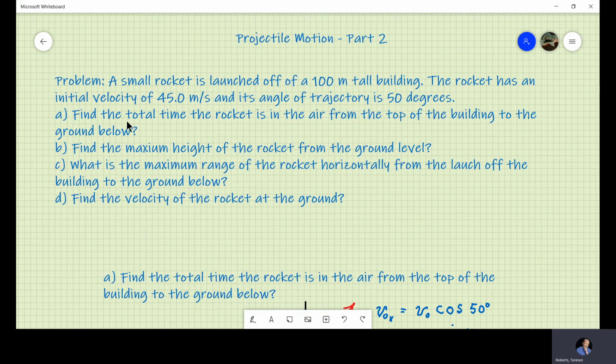Then it wants us to find the total time the rocket is in the air, the maximum height of the rocket from the ground, the maximum range, that'd be from the building to where it hits the ground, and then the velocity of the rocket at the ground when it comes back.